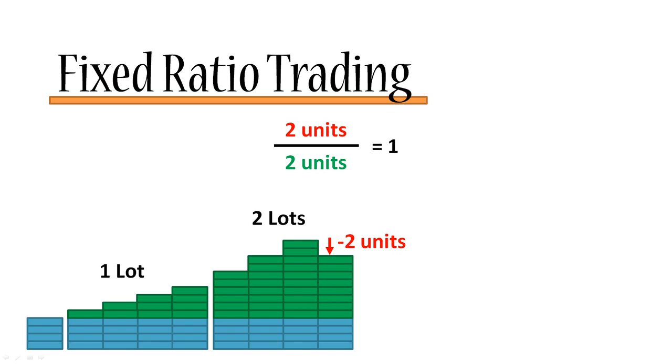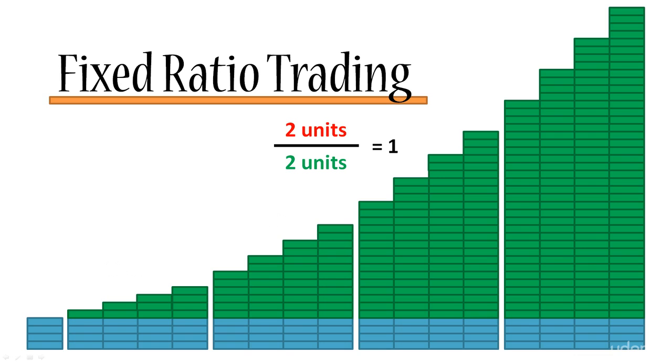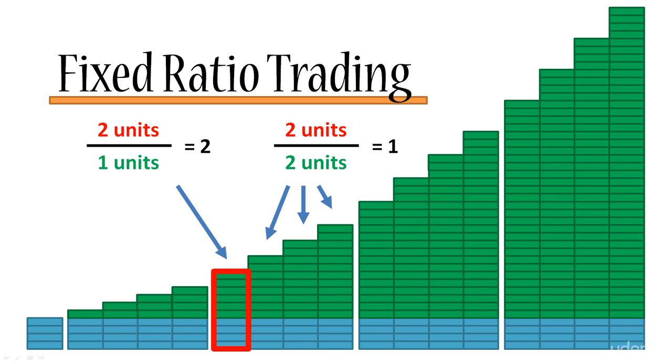So let's go back to the overall visualization. You can see that this ratio applies on this trade. It also applies on this trade. It also applies on this trade. However, on the trade before that, if it were a loss, we would actually lose 2 units as opposed to the 1 unit that we earned on the trade before that. And that's because this trade that's highlighted in red represents the first trade of this step.